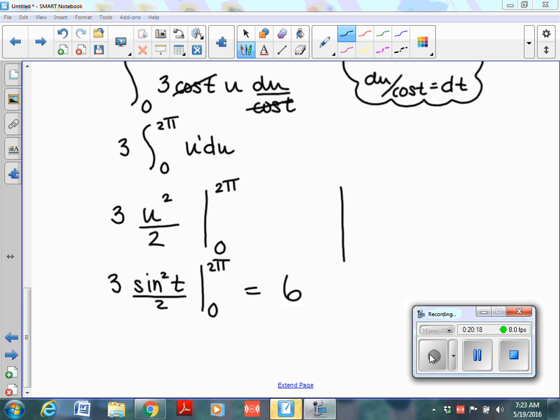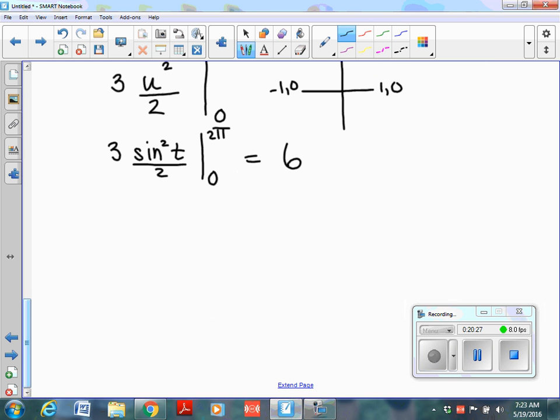I'm going to draw myself a picture of 1, 0 and negative 1, 0. And I'm going to put 2t in first. When I put in 2t, I get 2t, I'm going to put 1 in. 2t and 0 are exactly the same.